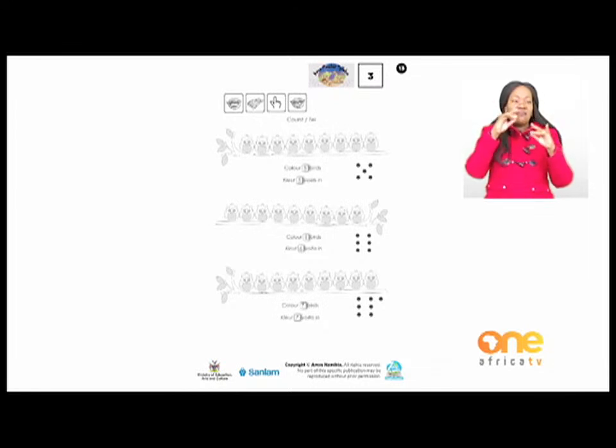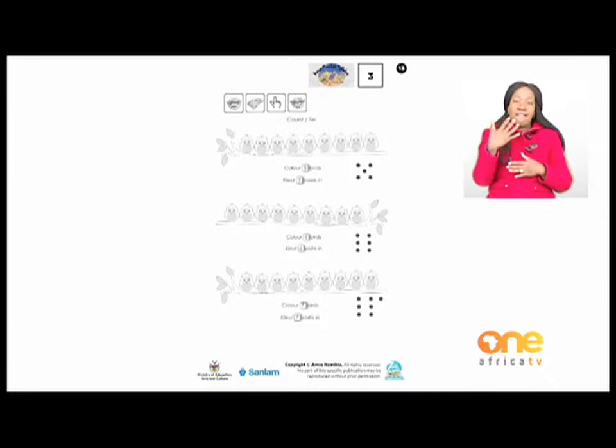Let's count together from the left and point to the birds as we count. 1, 2, 3, 4, 5, 6, 7, 8, 9. There are 9 birds on the branch altogether. But the instruction tells us we need to color 5 birds.